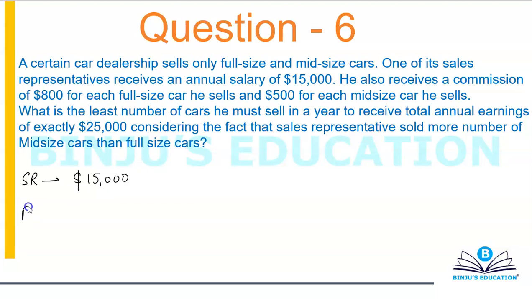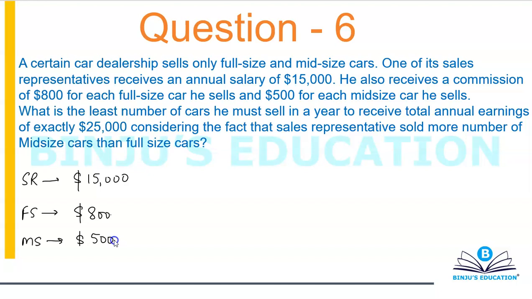So for full size, that is FS, he's going to receive 800 per car, and for mid size, he's going to receive a commission of $500. Okay, this is the information that we have. What is the least number of cars he must sell in a year to receive a total annual earnings of exactly $25,000?